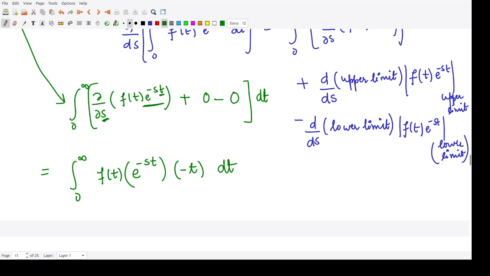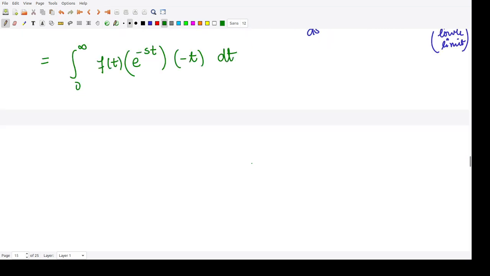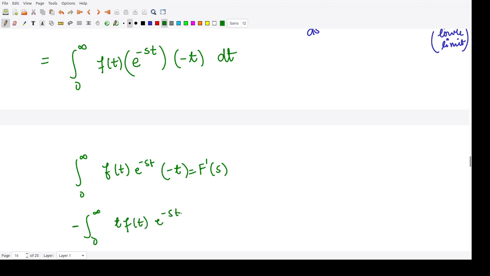So therefore from here we got integration from 0 to infinity f of t e to the power minus st multiplied by minus t dt, that is equal to F dash s. And what is this? If you combine all these terms, from 0 to infinity, it would be minus outside, t into f of t e to the power minus st dt.